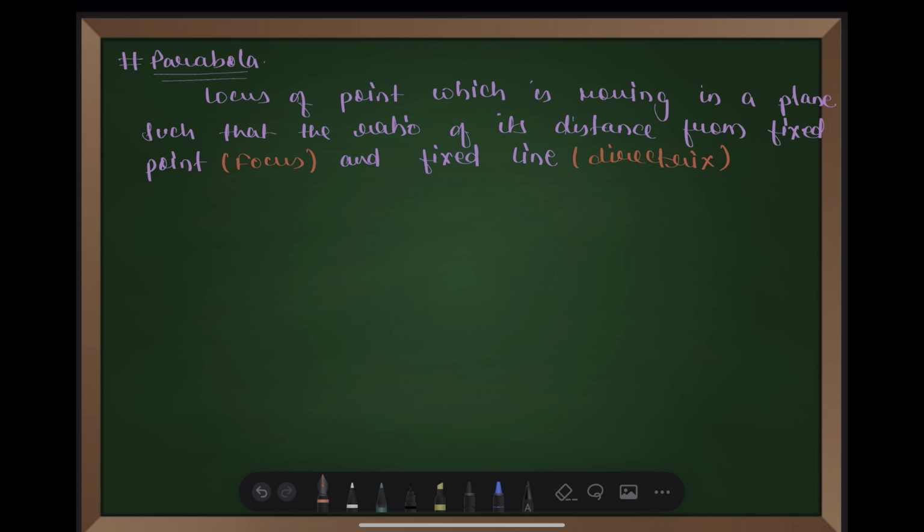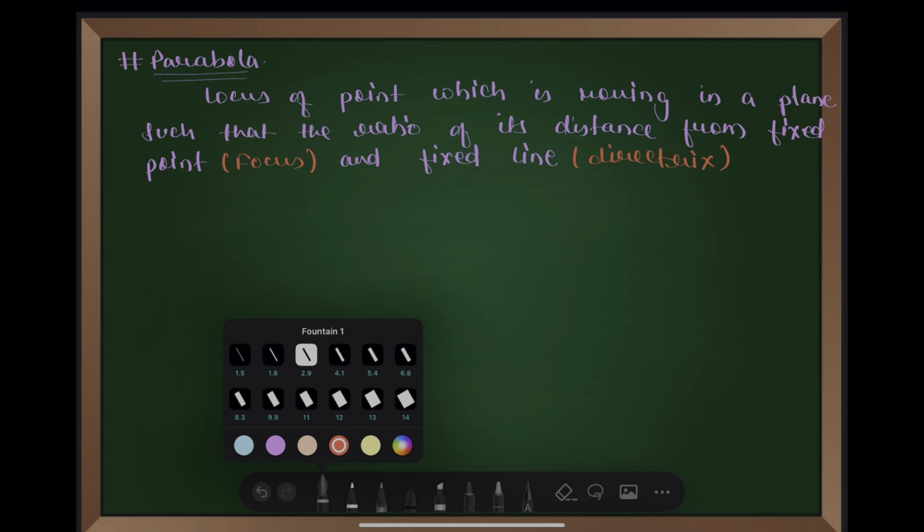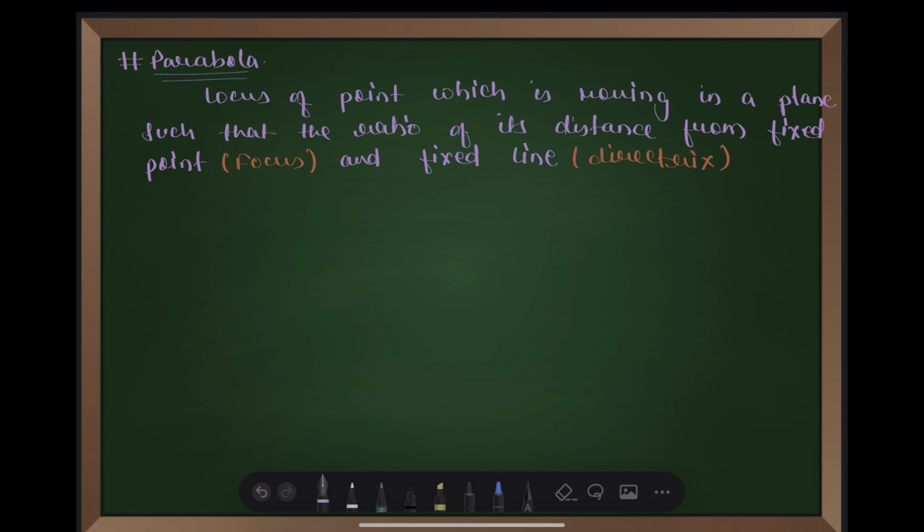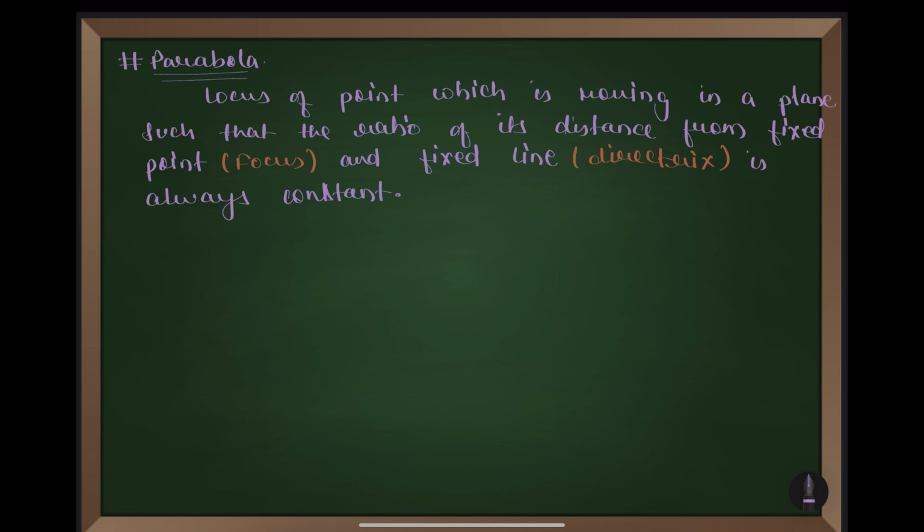Okay, directrix, is always constant. Okay, so this is the definition for every chapter, means parabola, ellipse and hyperbola.